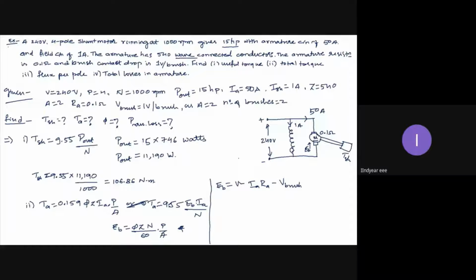So I should not forget that. So this is equals to 240 minus 50 into 0.1 minus brush contact drop is 1 volt per brush and we have 2 brushes. So it will be 2 into 1 equals to. So this is 240 minus 5, 233 volts.